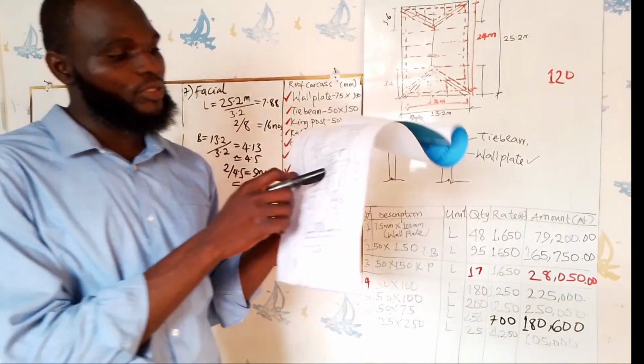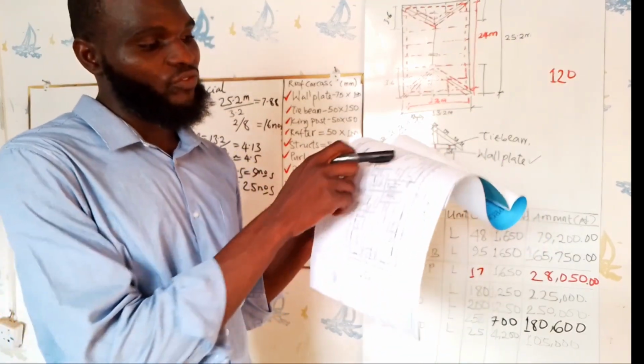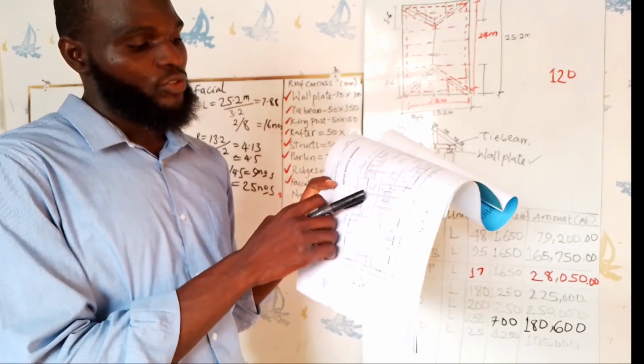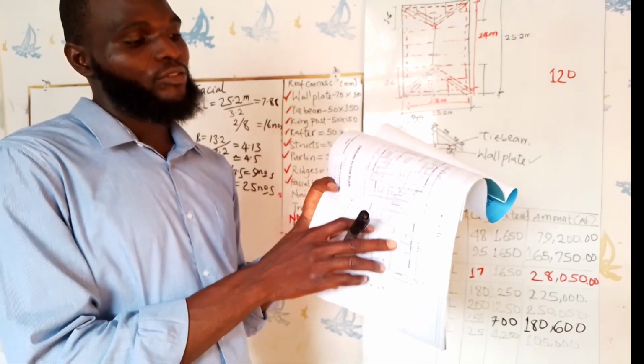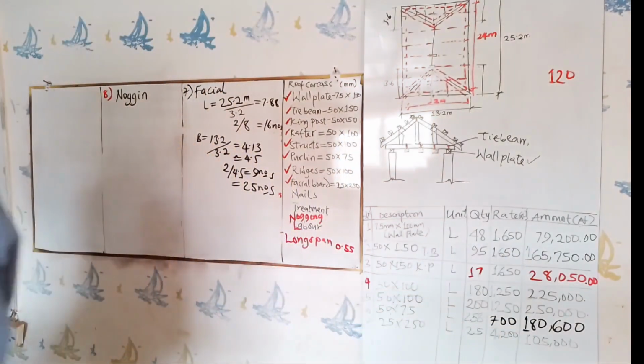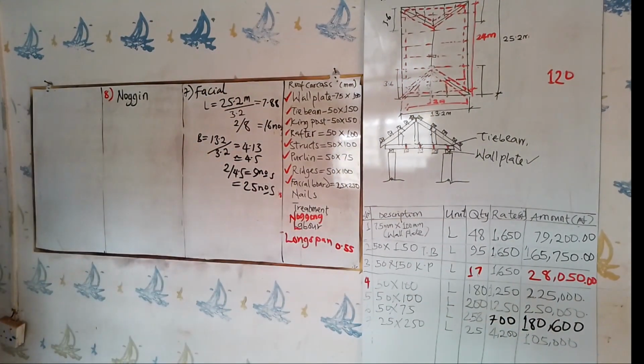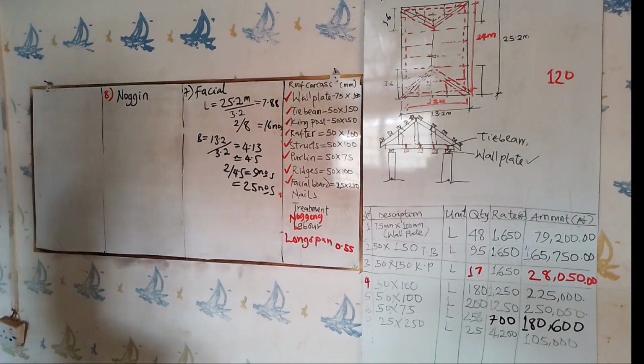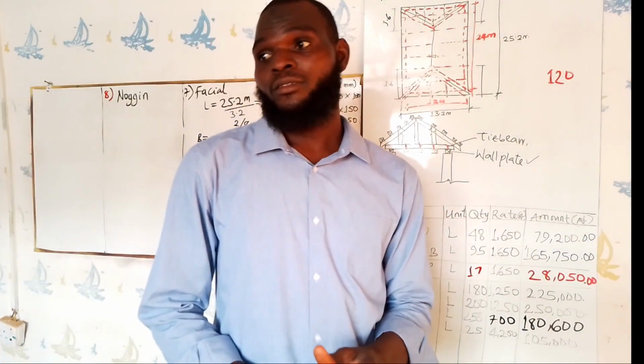The apartment is a 3 bedroom, a 2 flat set of 3 bedroom. By the time we do one side, we just multiply it by 2 for the other side.